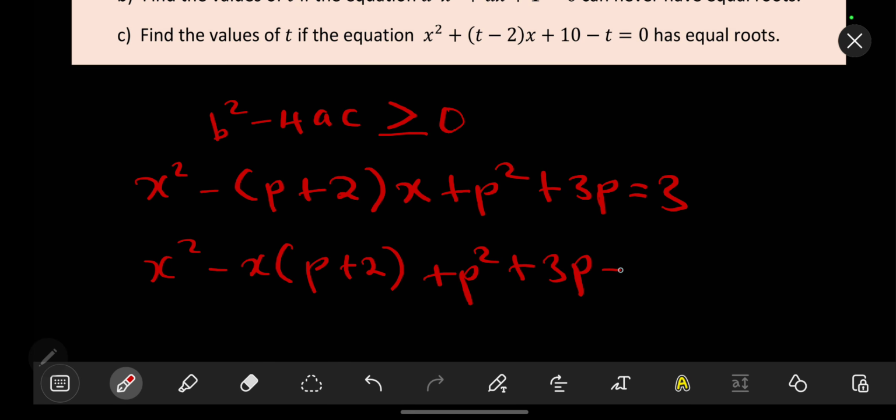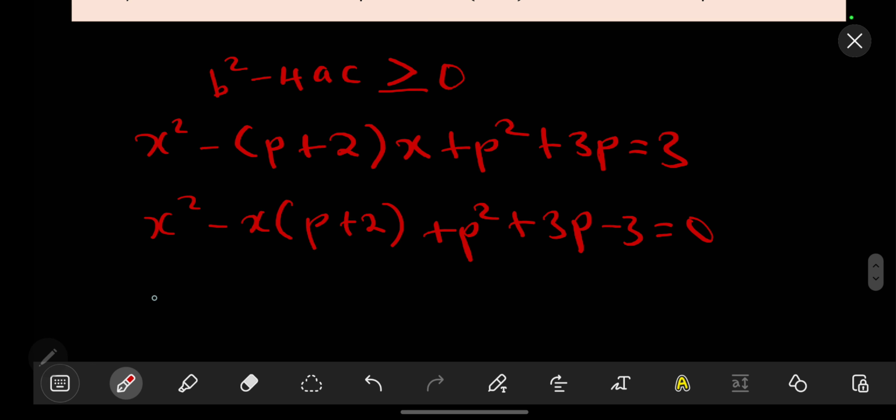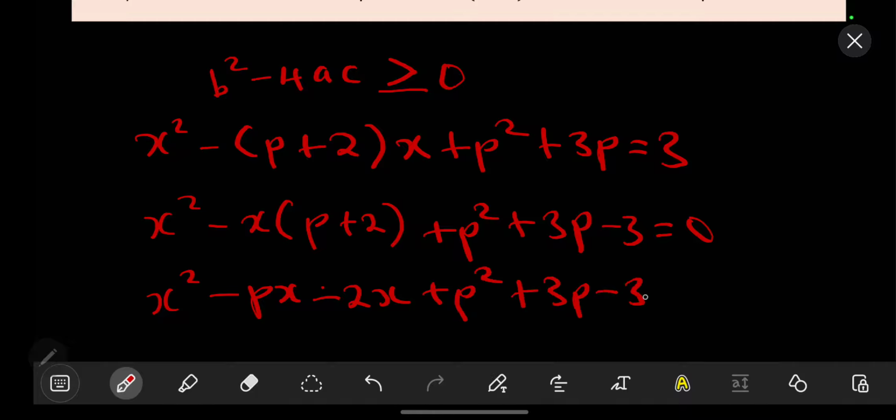This 3 comes here, we have minus 3 should be equal to 0. So we end up with x squared, then negative x by p, it will be negative px, negative x by 2, it will be minus 2x, then plus p squared plus 3p minus 3 should be equal to 0.